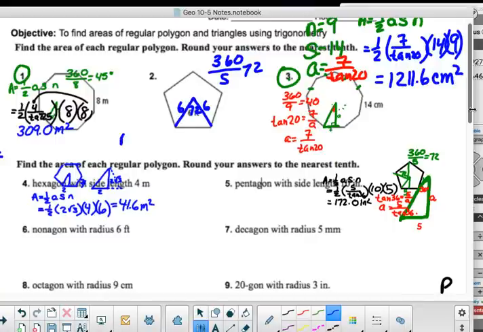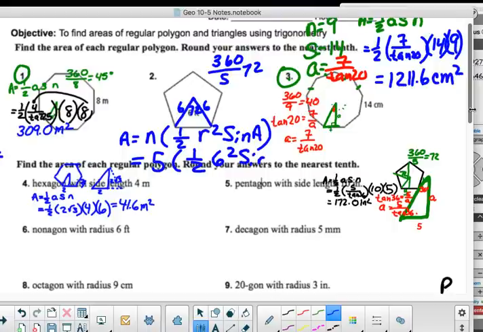Okay, the area of this polygon can now become n, the number of triangles inside this polygon, which is 5, the same as the number of sides, times, we just did it, 1/2, and instead of bc, I'm going to use the radius squared, because the radius is 6 here on both, times sine of the central angle A. So now I have 5 times 1/2 times 6 squared times sine of 72, which allows me to find the area of this blue triangle, and there are 5 of those blue triangles in this problem.